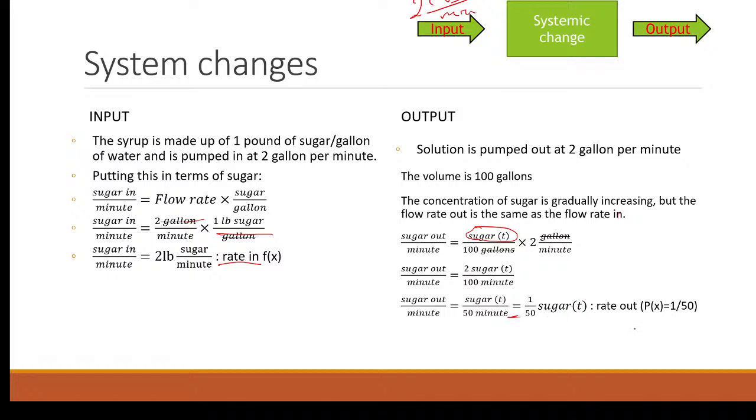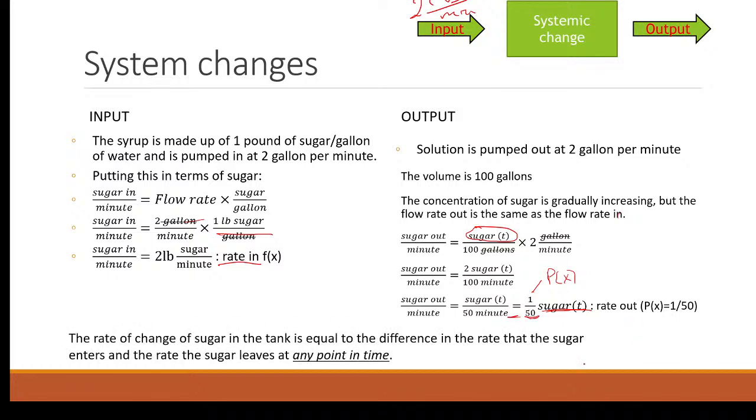That's going to represent what's going out. So we have this 1 over 50 as a constant, and this times the sugar at time t is the variable. You can see how this is going to turn into a p of x, or in this case, p of t. This is the variable that we're going to have to learn what it ultimately is at any given time. And this is important to keep remembering: you're worried about any given time.